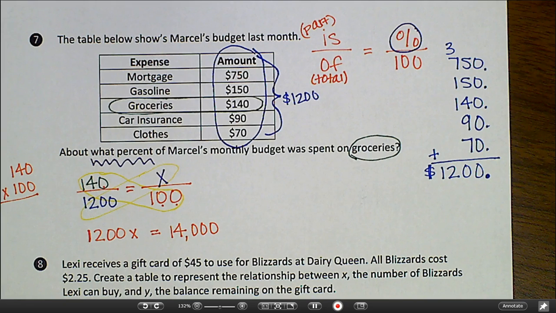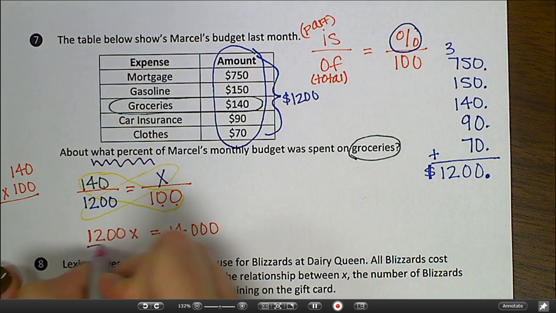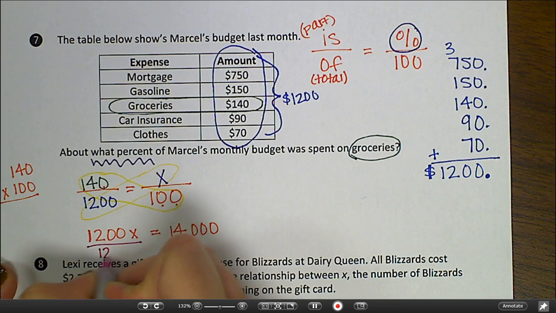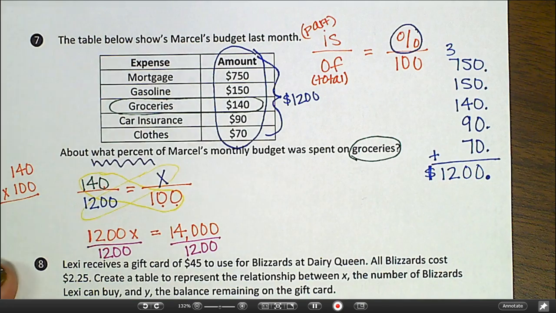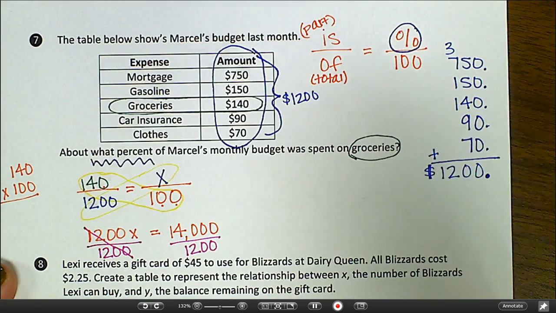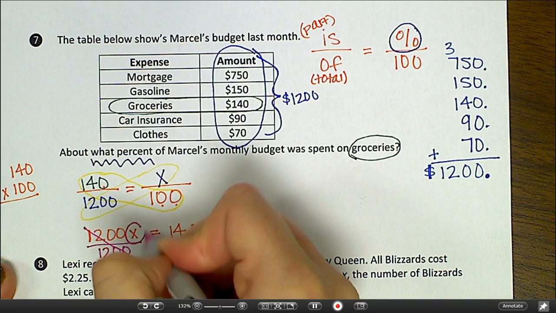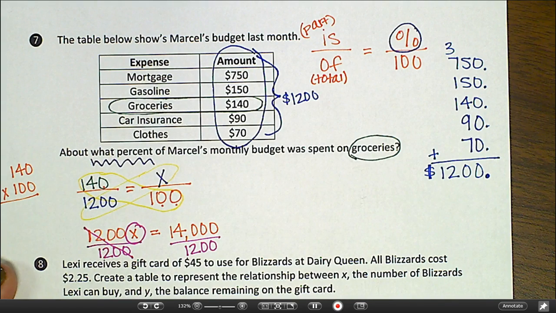Now the next thing that we need to do is divide both sides by 1,200. Because I want to get x by itself. So I divide by whatever's in front of x. And now I have x.